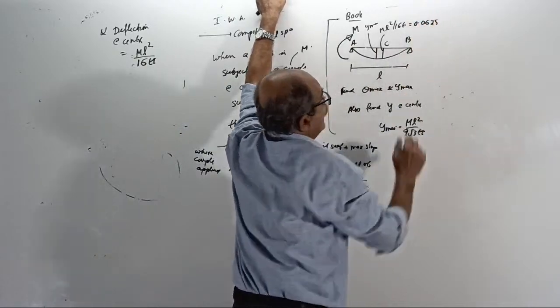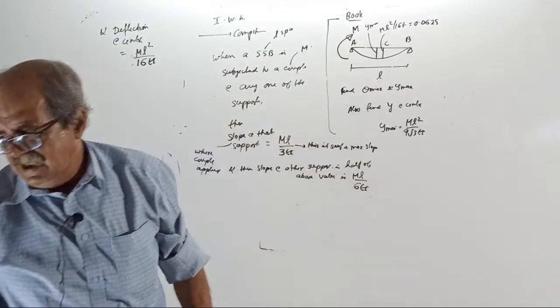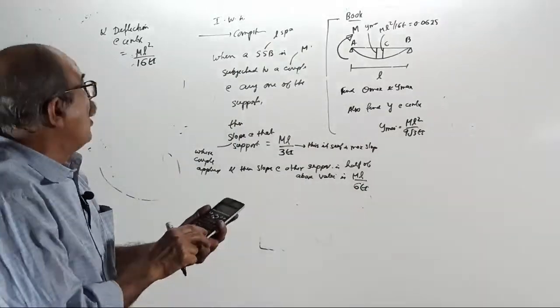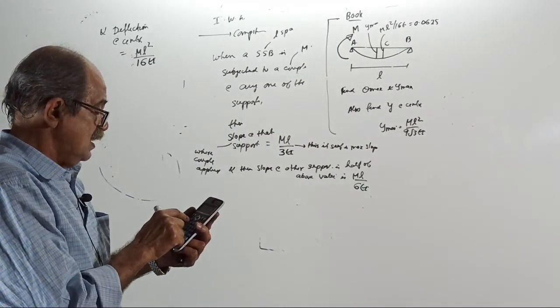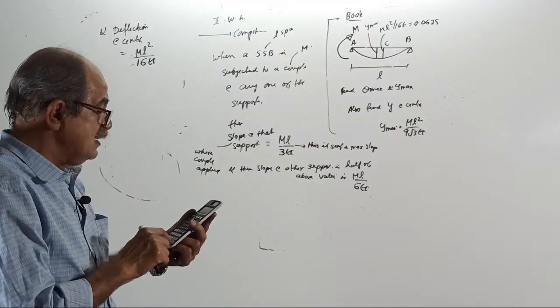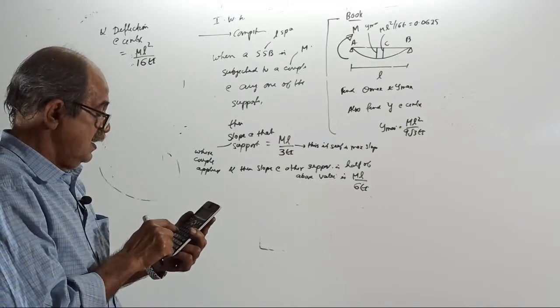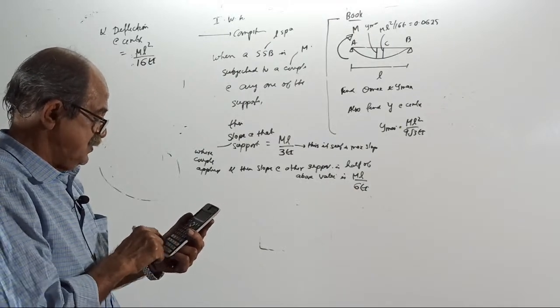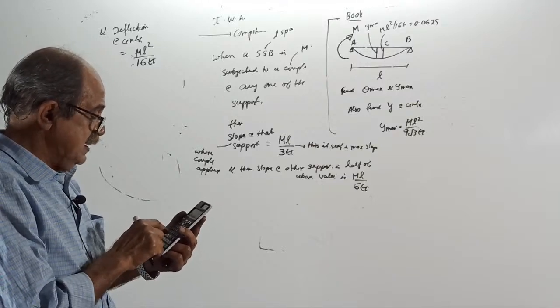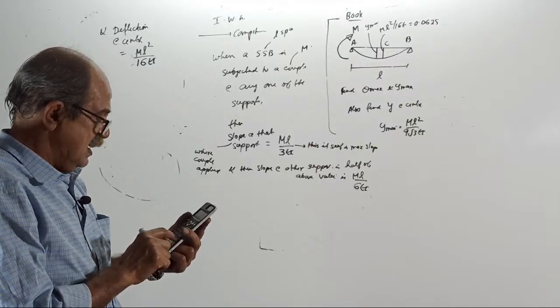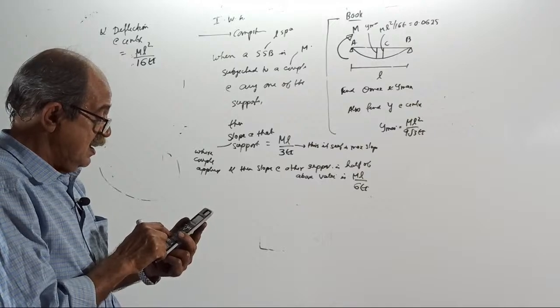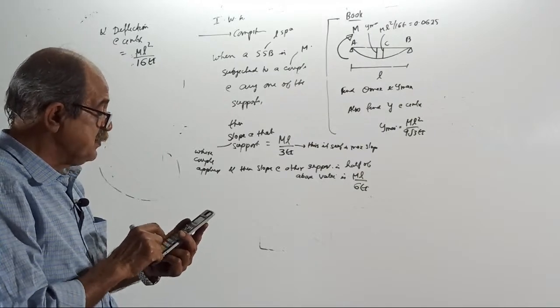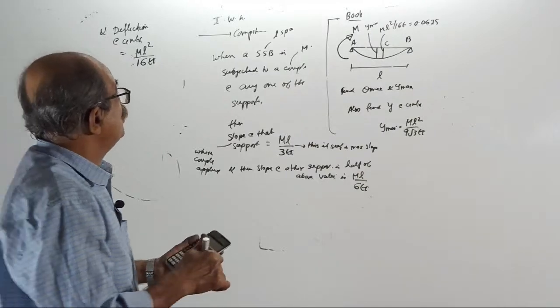ML square by 16 is 0.0625, correct? Take the reciprocal of 16 on the calculator: 0.0625.